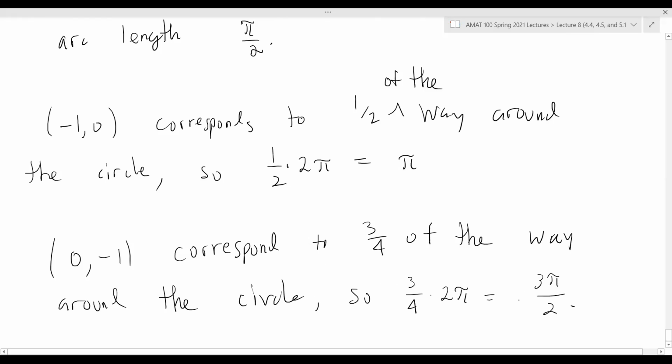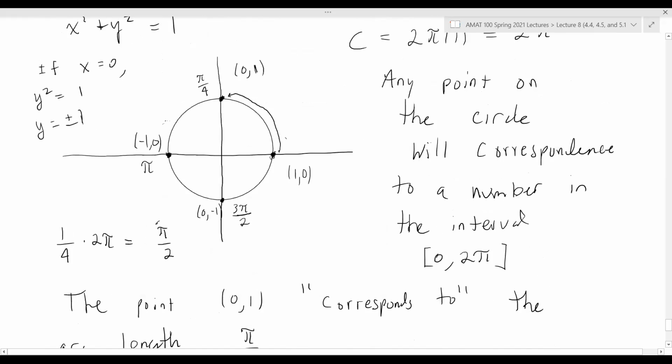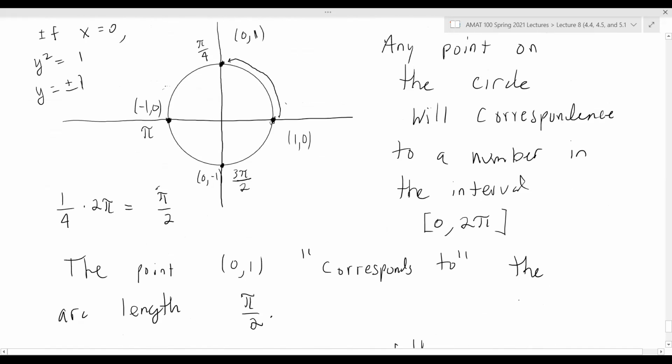So these are some numbers you want to remember. Now, this correspondence isn't unique though, because if I go around the circle, we only care about position, not how far we're traveling. If we were maybe physicists, we would care about that.